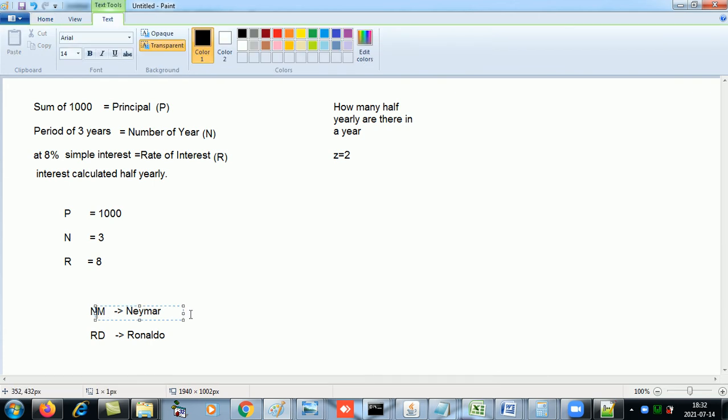So what we have to do is, N will be multiplied by Z, and R will be divided by Z. This is what I mean by NMRD.